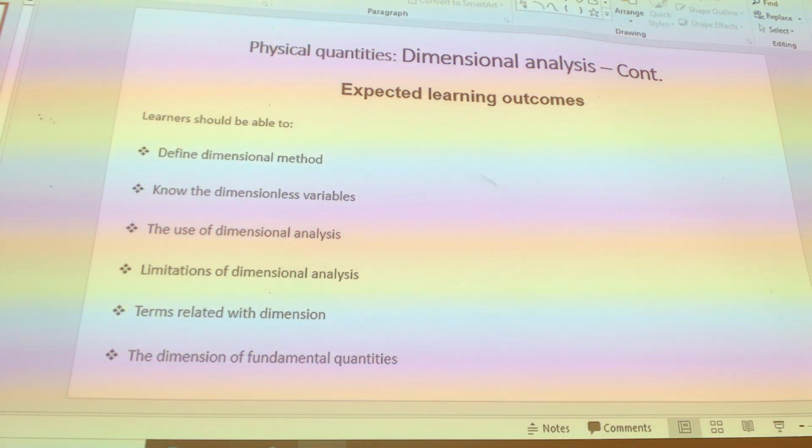As I said in the previous video, the main three fundamental quantities are length, mass, and time. These are some of the expectations the learner must have grasped after going through the video.